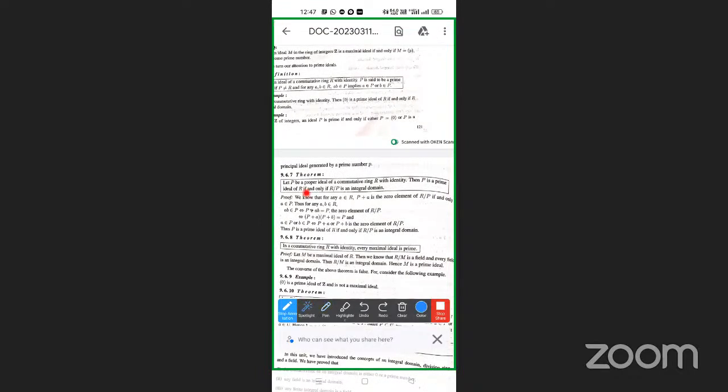Next theorem. Let P be a proper ideal of a commutative ring R with unity. Then P is a prime ideal of R if and only if R by P is an integral domain.